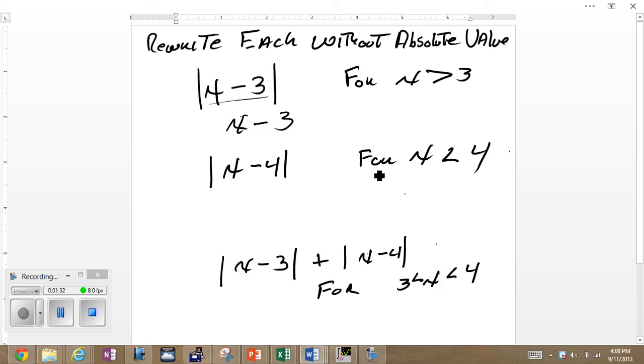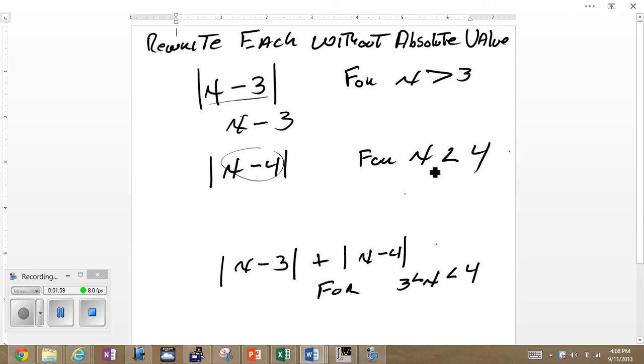Okay, let's look at this example. Rewrite x minus 4 for x less than 4. 0 is a number less than 4. If 0 is put in here, 0 minus 4 is negative. The absolute value of a negative is positive. So we put in a 0, we ended up with a negative 4, then we took its opposite.